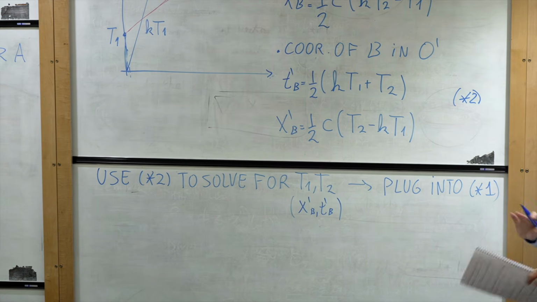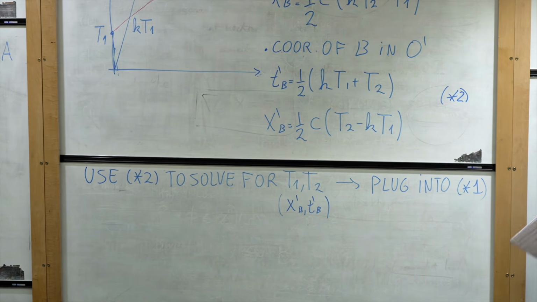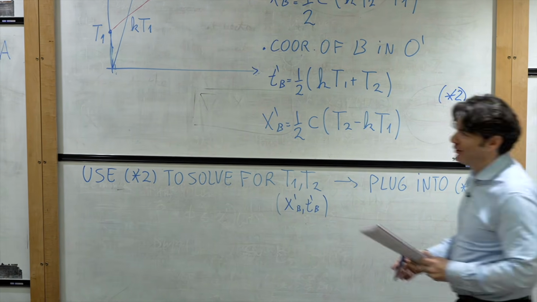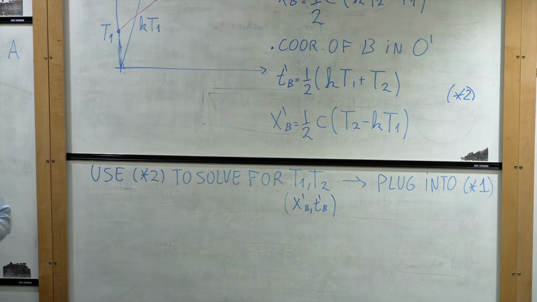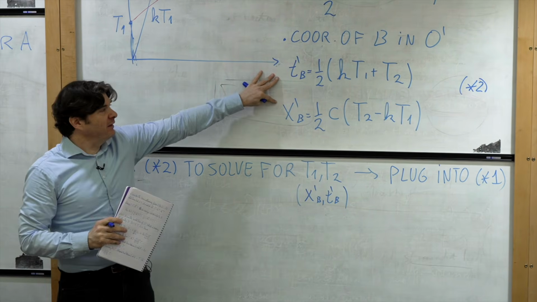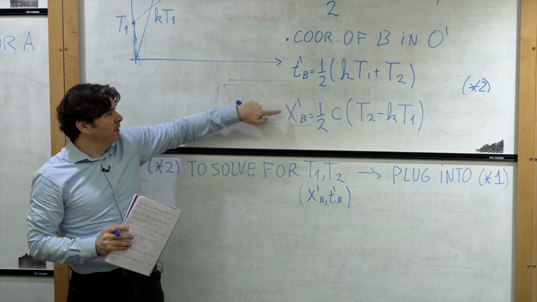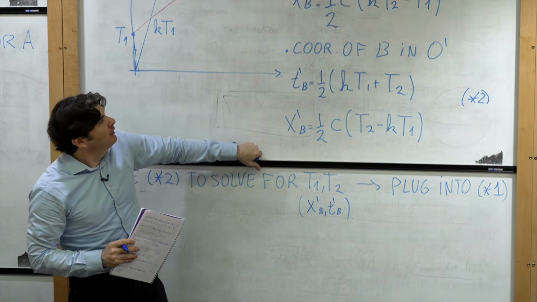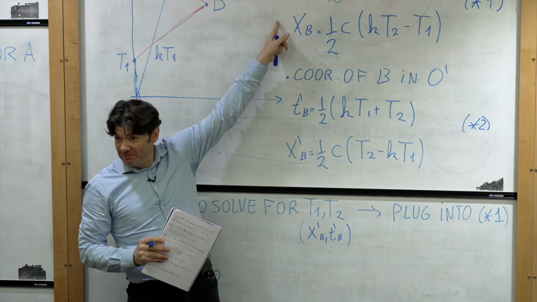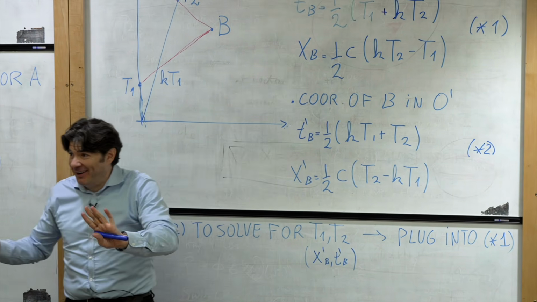Okay, that's all we do. It's linear. You can use Mathematica if you don't know how to diagonalize 2x2 matrices, as I don't. So you take this, you solve for T1, T2 in terms of T prime, X prime, and then you plug them here. Okay? That's all.